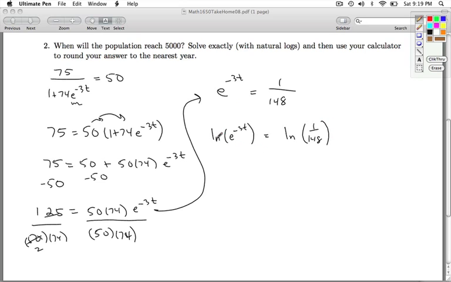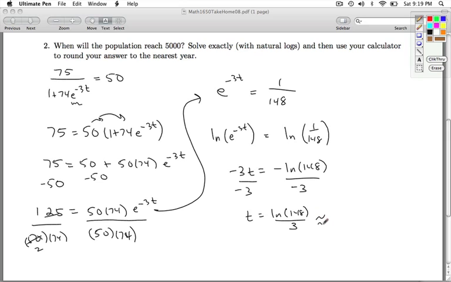The natural log is the inverse of the exponential, and so they undo each other. I could write this as negative natural log 148. And then for the grand finale, I can divide both sides by the negative 3. And I got t equals natural log of 148 divided by 3. So that's the exact answer.